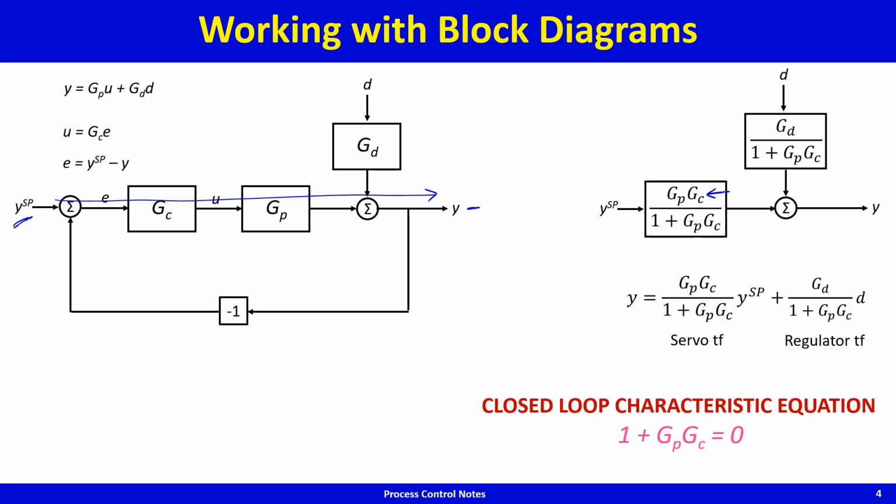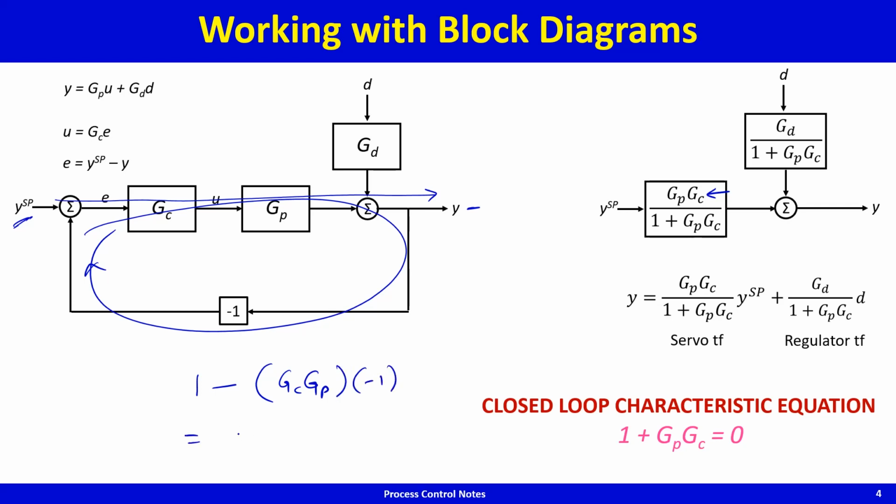That looks okay. Denominator, let's go around the feedback path. Denominator is going to be 1 minus whatever we encounter in the feedback path. That's going to be GC GP times minus 1, which is again 1 plus GCGP or GPGC.